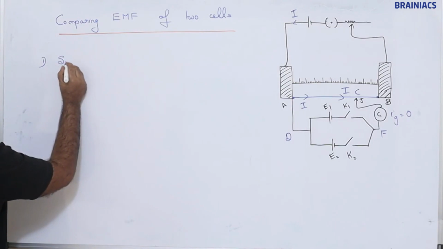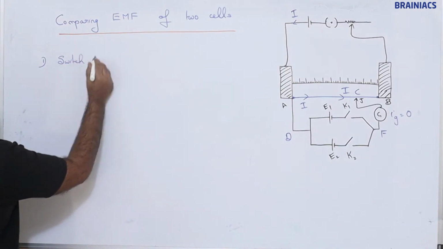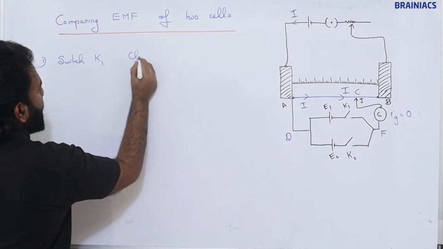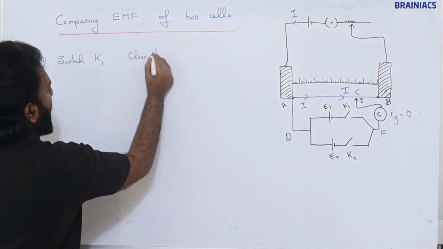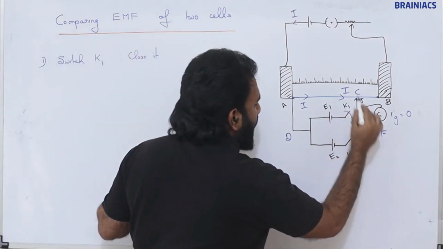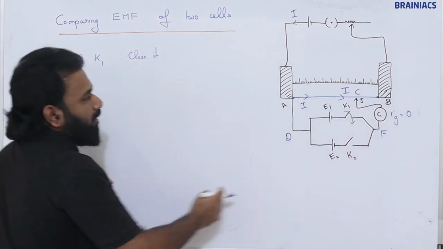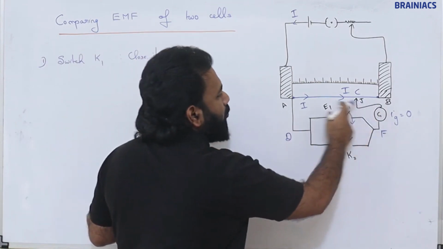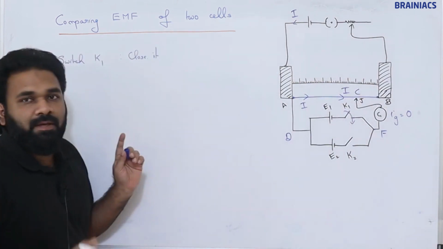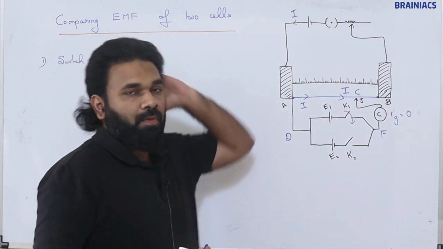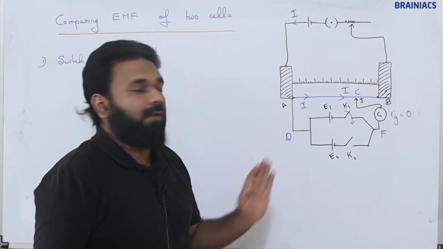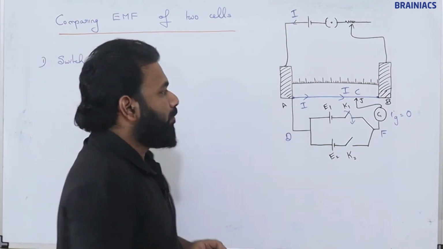So switch K1, if we close it, then what will happen? After that, we will move this jockey through the potentiometer wire, just like we have done so far, till we get galvanometer deflection as 0.